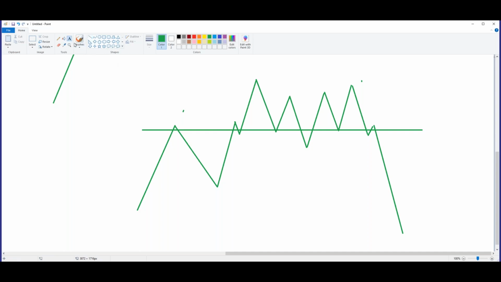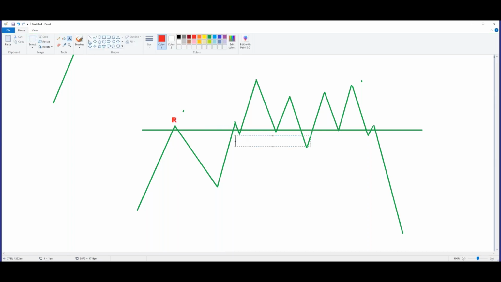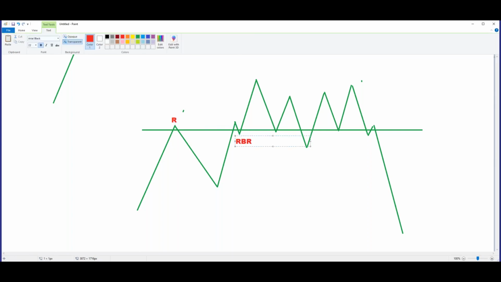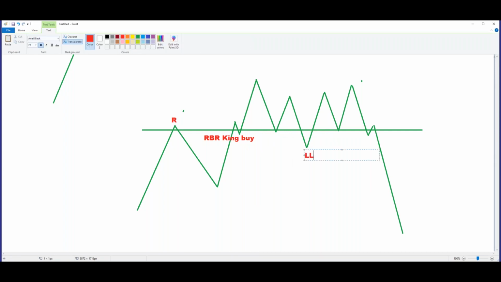So what do we have over here? We have resistance. We have rally, base rally, or king. And then you have support over here, three supports. You have a lower low support. You will have a left support. We have a right support.